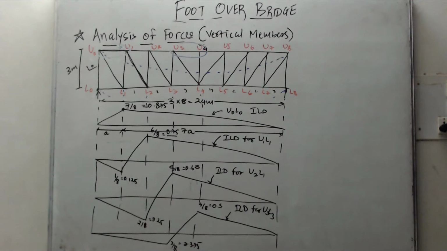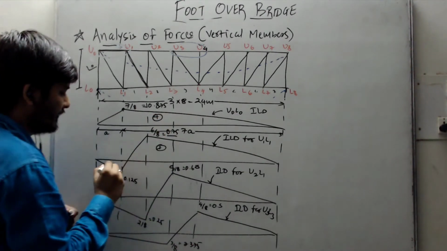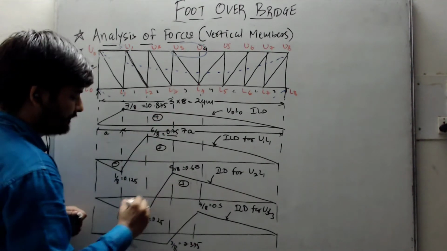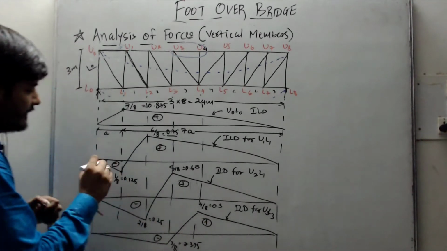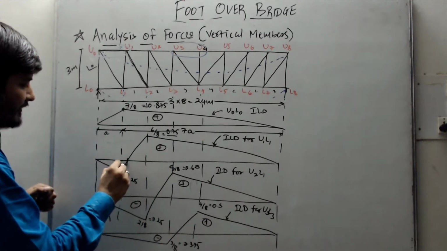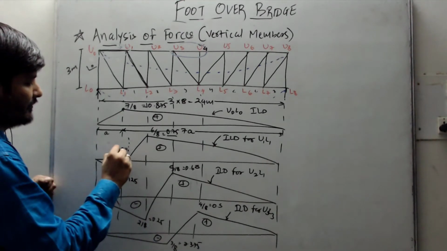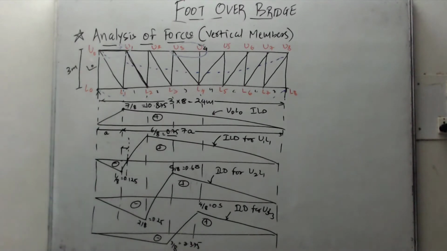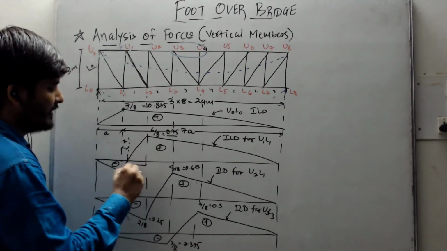Now the next step: these all are positive in the top portion, this is the negative portion, positive, negative. Now there is a point of contraflexure here. Suppose we need to find the point of contraflexure. Let us assume that this is x distance and the remaining distance will be 3 minus x.